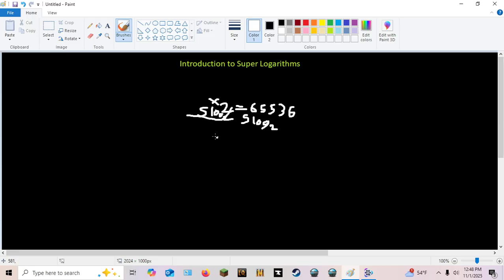The 2's will cancel, giving us x by itself, giving us log base 2 of 65,536. Again, 2 tetrated to 4 equals 65,536.